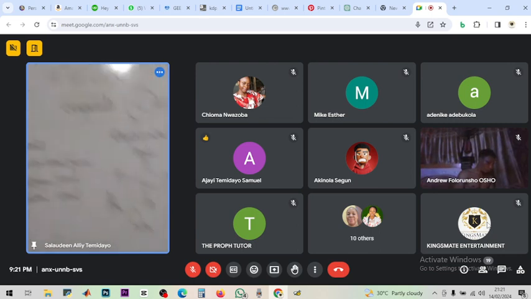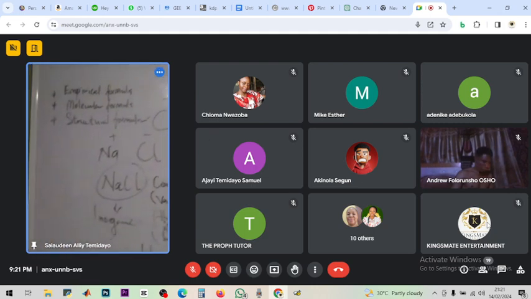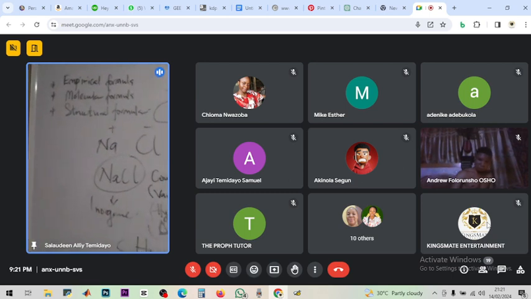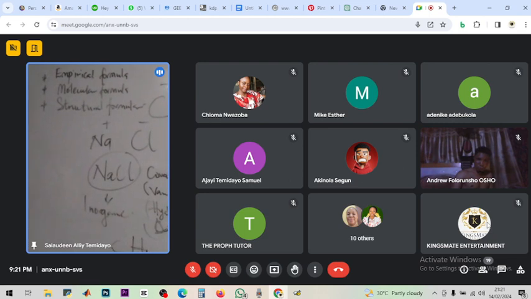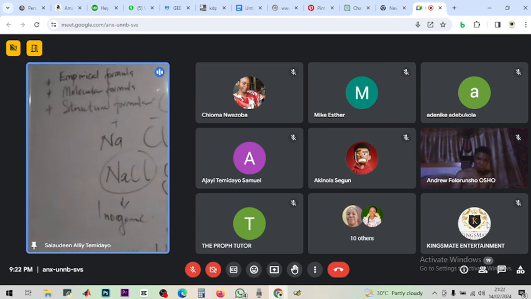Okay, we are talking about the empirical formula, the molecular formula, and the structural formula. The empirical formula is just the simplest formula in which a compound or a molecule will exist.